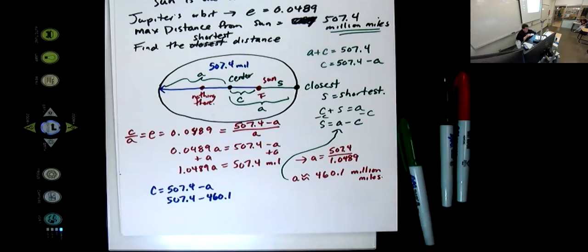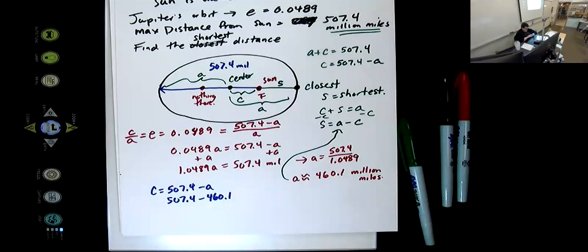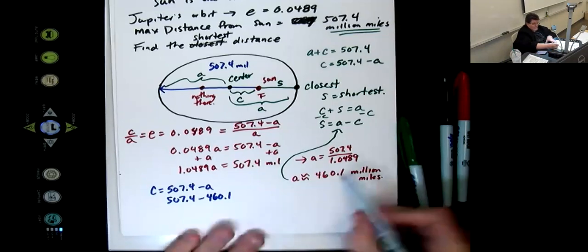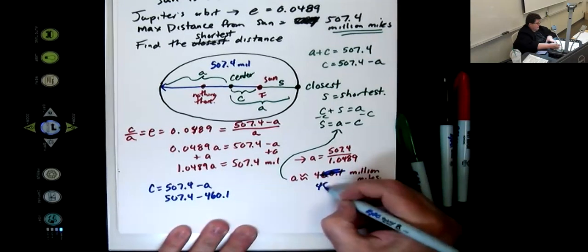That's not A. I think I wrote down the wrong number for A. I think 460.1 was the final answer. Let me double check this. 507.4 divided by 1.04. Yeah, I said it wrong. That was 483.7.